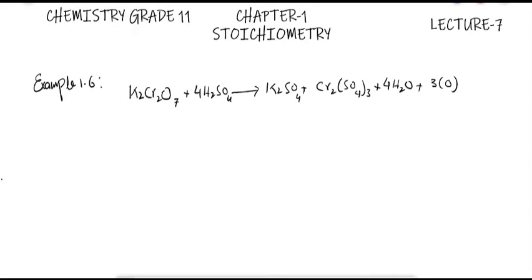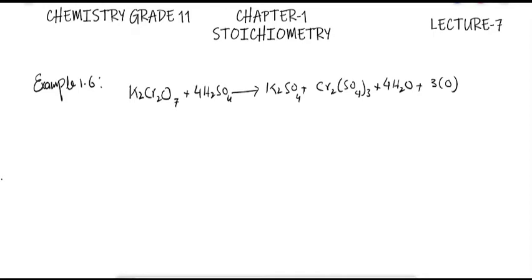The question is about calculating the mass of atomic oxygen that is produced when 200 grams of potassium dichromate reacts with 200 grams of sulfuric acid, and B, the mass of the reactant left unreacted.